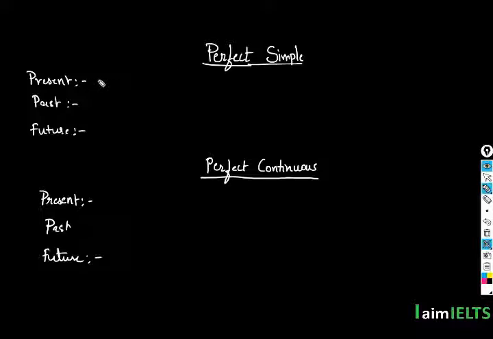Here, in perfect simple, coming to present tense, first let me try to describe what a perfect tense is. Perfect means an action that is already completed. So in perfect aspect, we are going to discuss actions that are already completed.